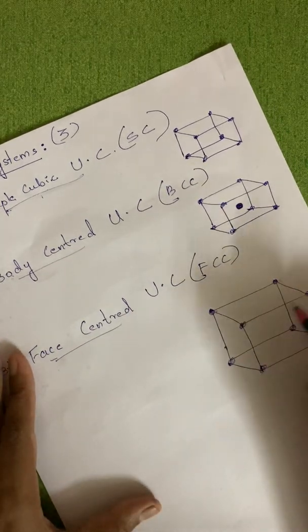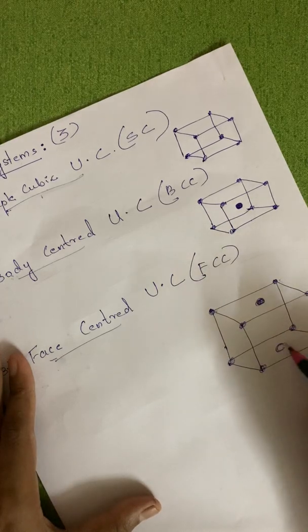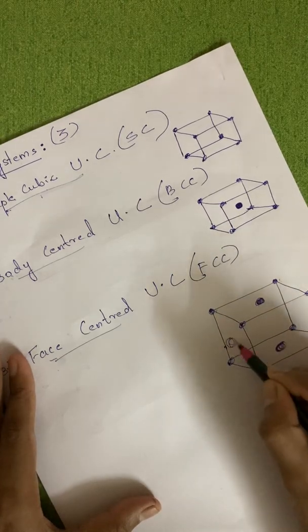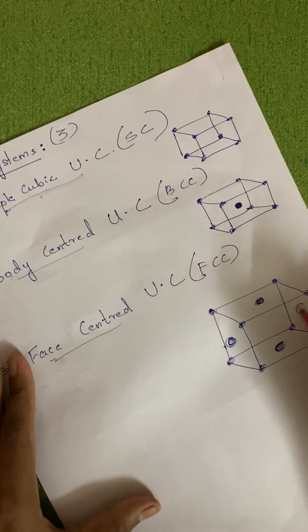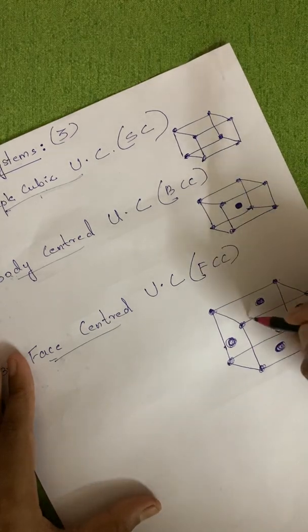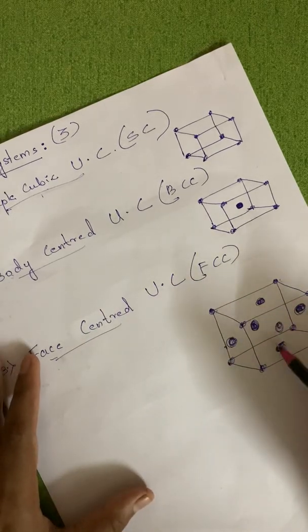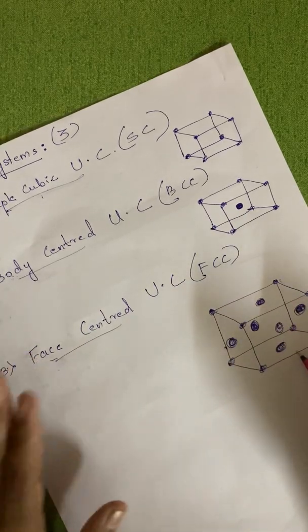That means this is one face. So one up, one down, one on the left, one on the right, one in the front, and one at the back. Okay, hopefully this is done.